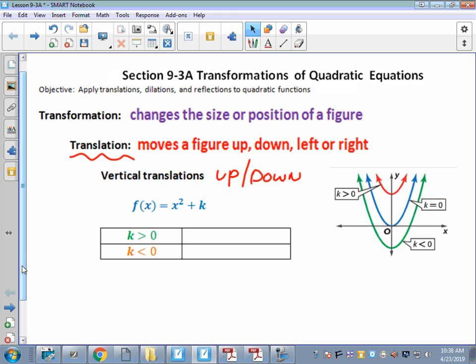Okay? So we're really focusing in on the k value here. In general, if the k value is greater than 0, then it's going to shift the graph up. And if the k value is less than 0, then it's going to shift the graph down.